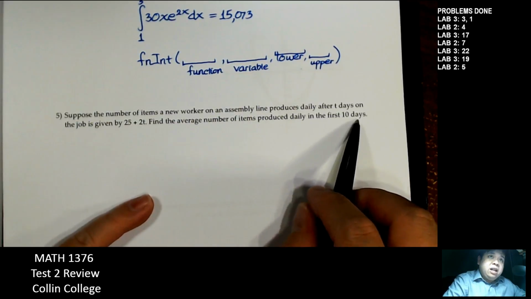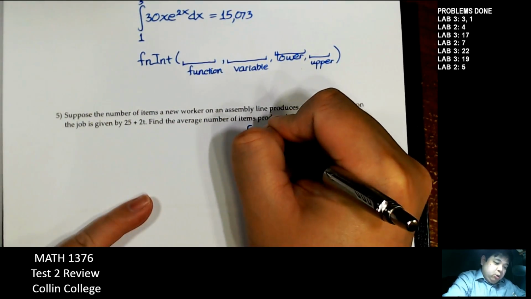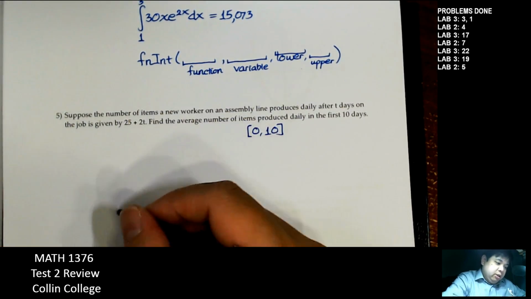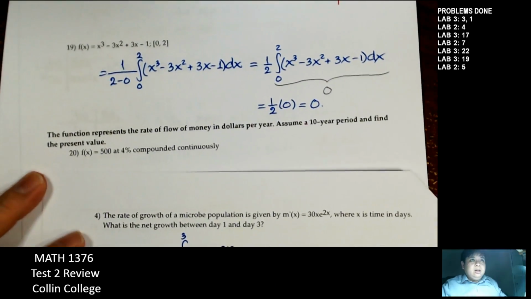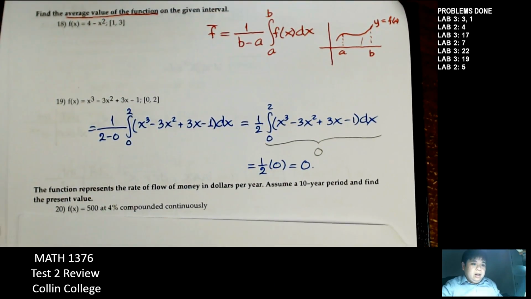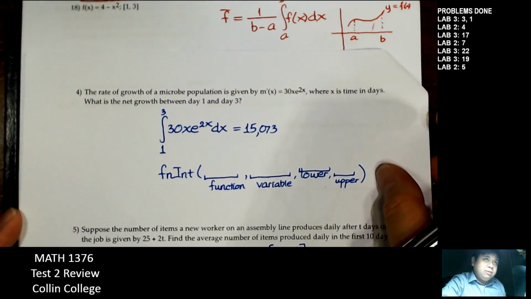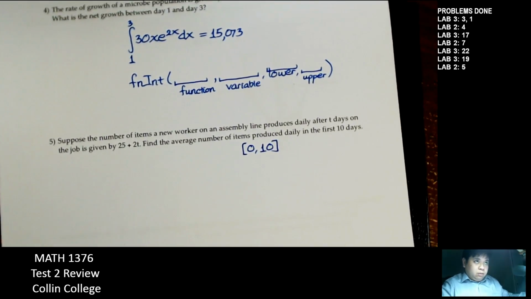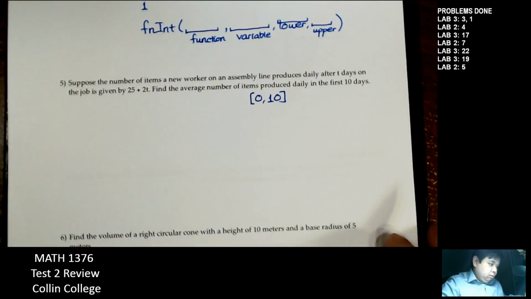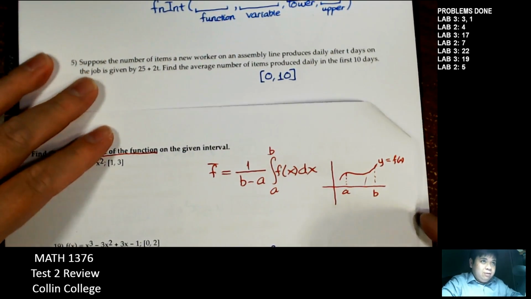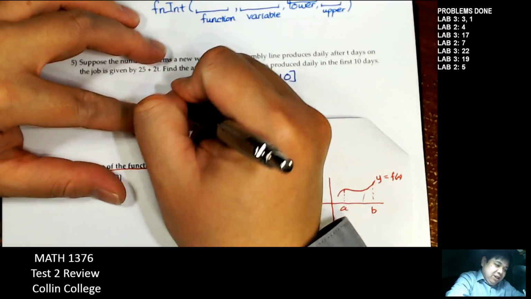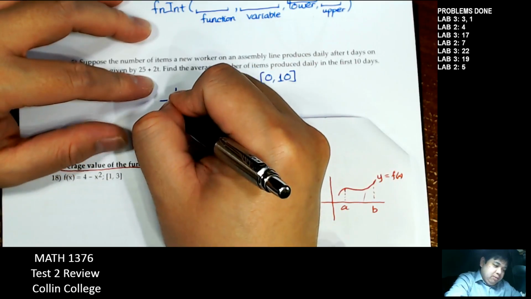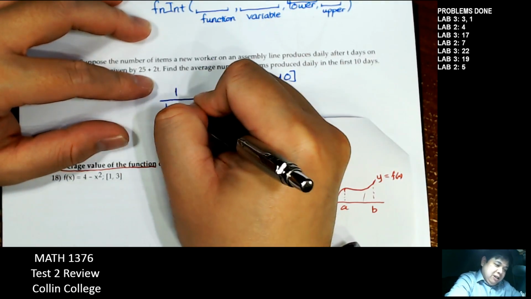For the average for the first 10 days, meaning that we go from 0 to 10, and this is a function. So yeah, that's the formula. Right, so 1 over, just write the formula again.